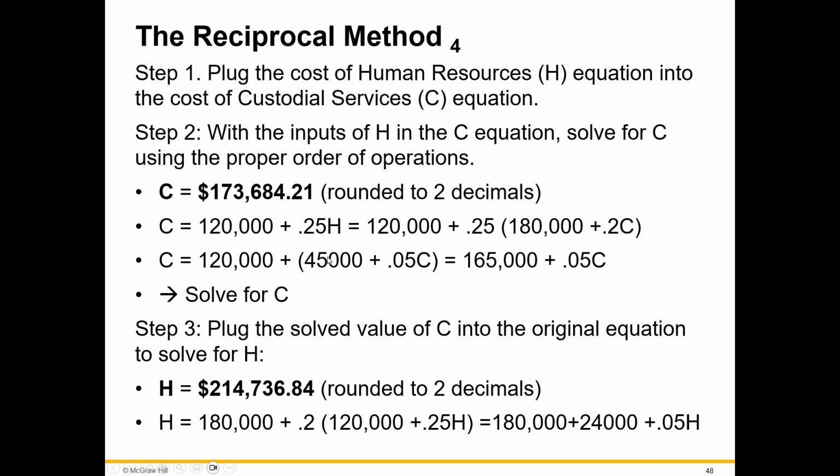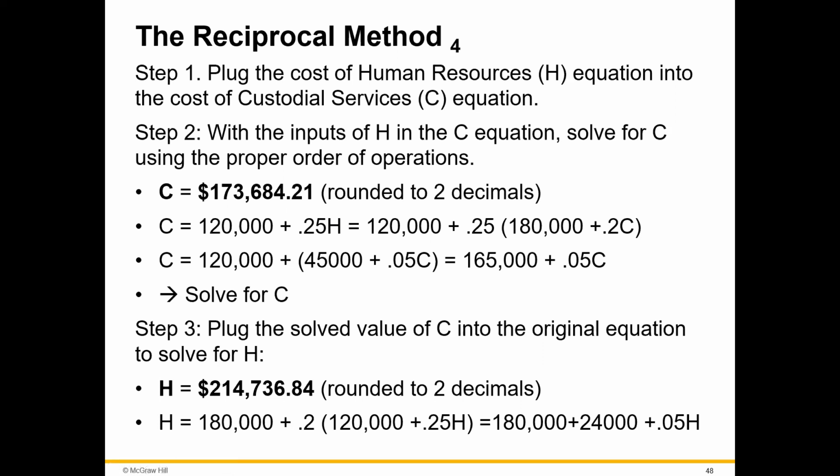So it gets you to 165,000 here plus 0.05C. If you subtract 0.05C from either side, you've got C on this side minus 0.05, gets you to 0.95C equals $165,000. Solving for C gets you to 173,684.21. Now, this is kind of a bear of a calculation.